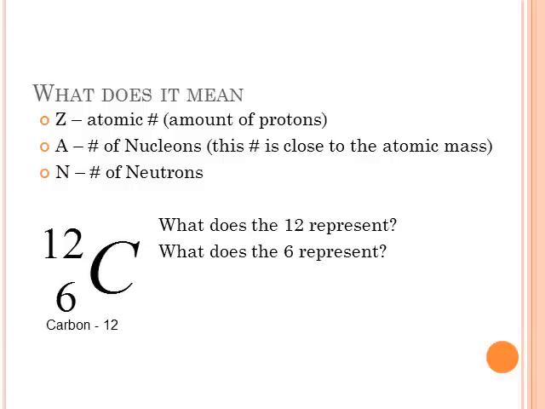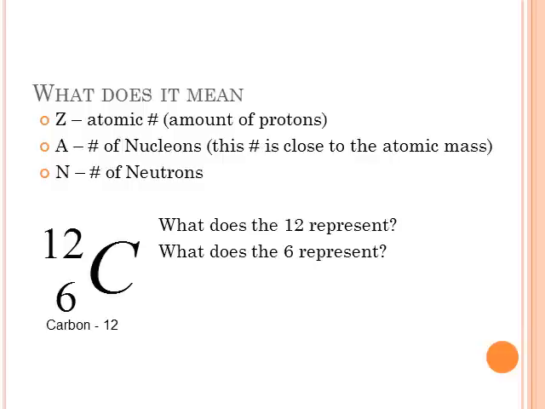You can skip this slide if you already know it. Z is the symbol we use for the atomic number. The atomic number is the number of protons. A is the symbol we use for the number of nucleons, which means the number of particles in the nucleus, so protons and neutrons. And N is the number of neutrons.